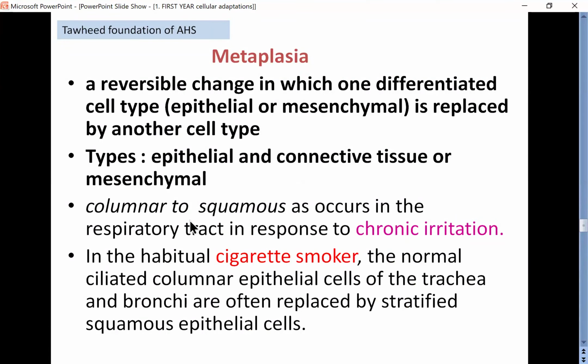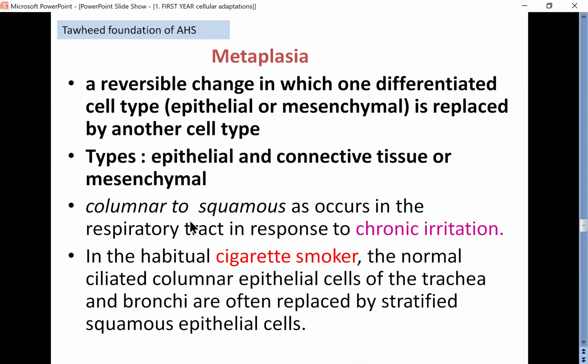Whenever you have a full, complete meal, you will have a regurgitation of the gastric content up till your throat, right? A sour taste will be there till your throat and it will go back. There is a disease condition called GERD, gastroesophageal reflux disease, where this kind of regurgitation of the gastric content happens every time.